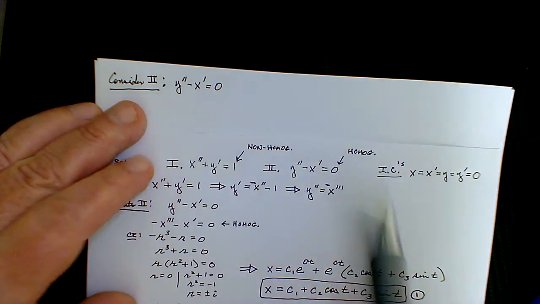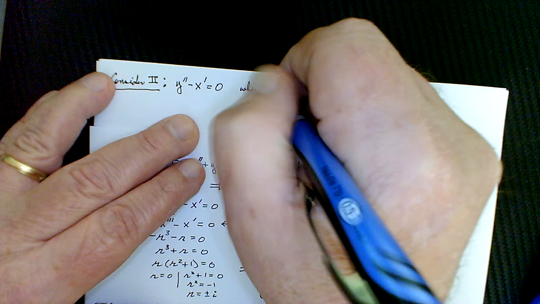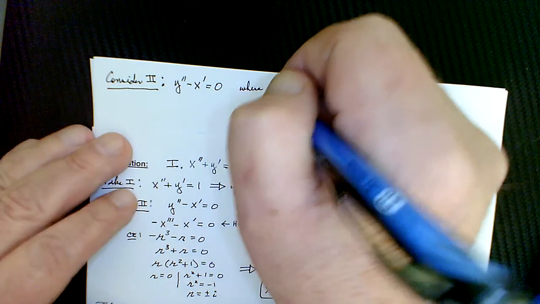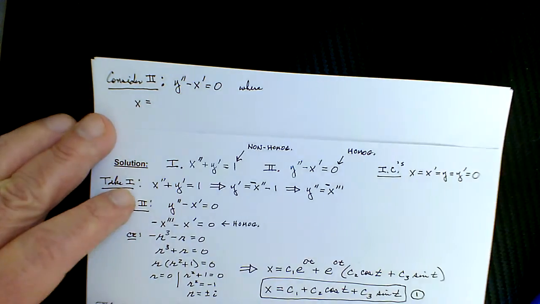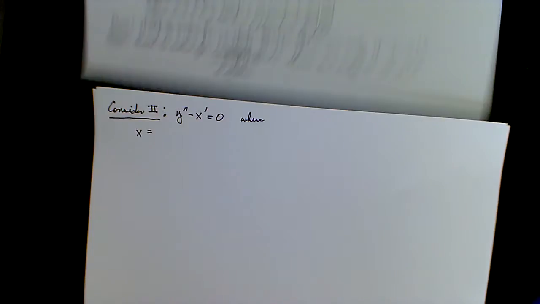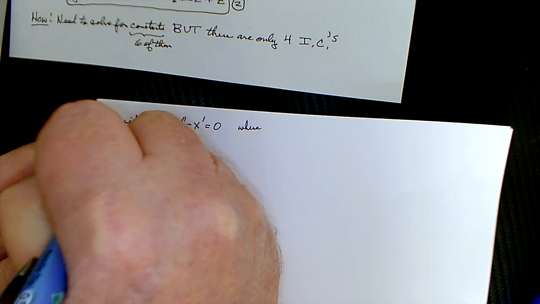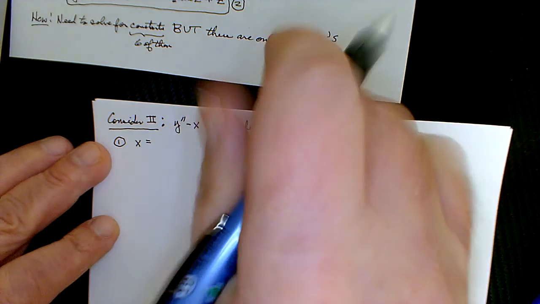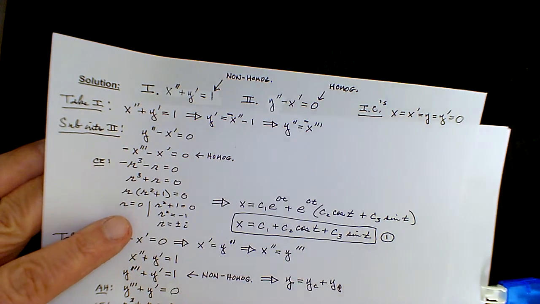But consider that equation where we've already established, where we know that x, what we found, this was equation 1, x was, so now I'm back here, C1 plus C2 cosine t plus C3 sin t.